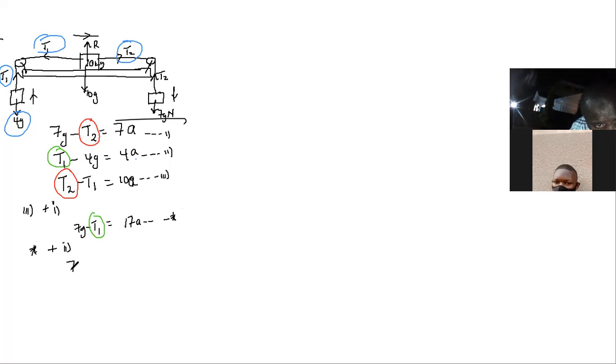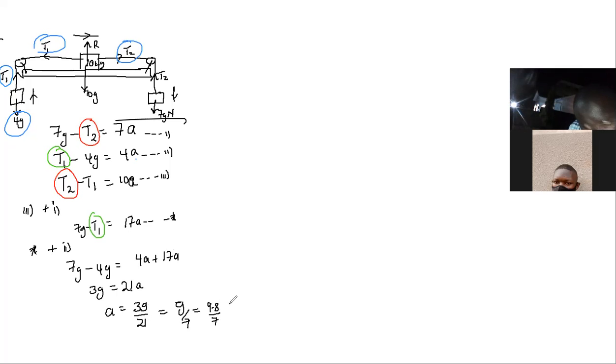So we shall get 7G minus 4G is equal to 4A plus 17A. This gives me 3G is equal to 21A. Therefore, my acceleration is going to be 3G out of 21, and the answer becomes G out of 7, which is equal to 9.8 divided by 7.